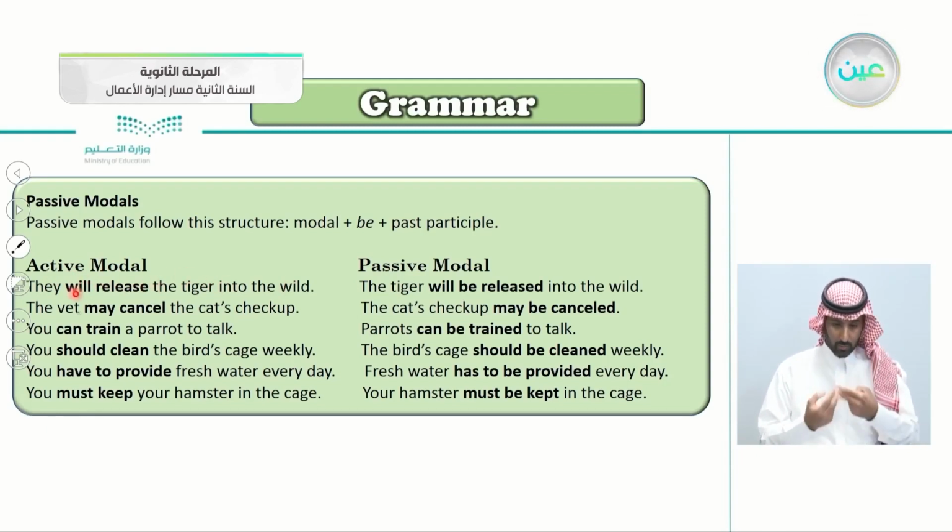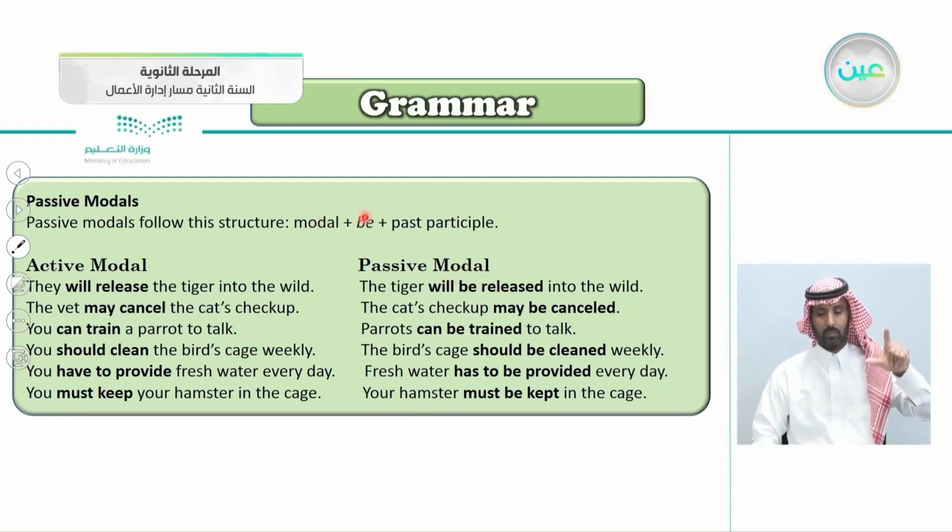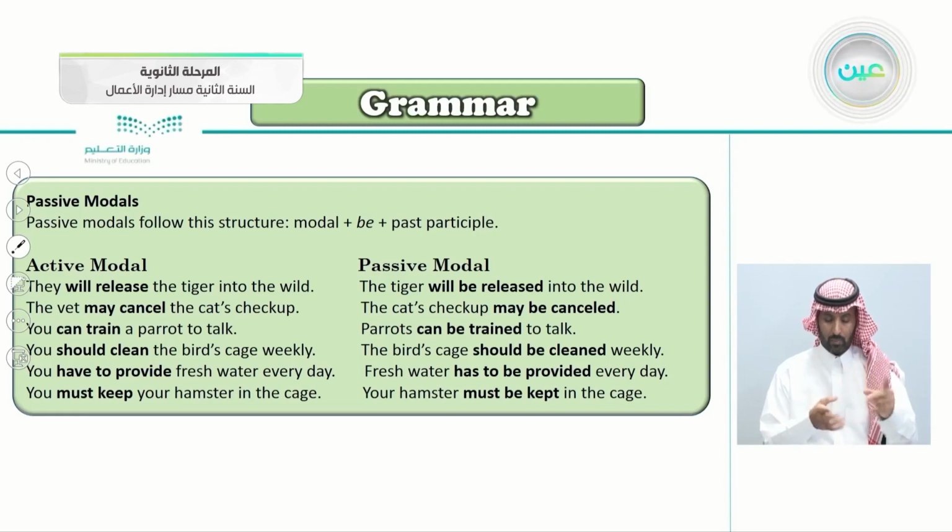The modal here is will, the verb is release, the subject is they, and the object is the tiger. How do we change from active modal to passive? We begin with the object: the tiger will be released. Will is the modal, be, and the verb with the past participle is released into the wild.